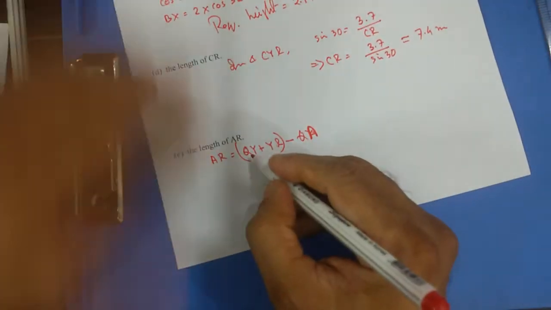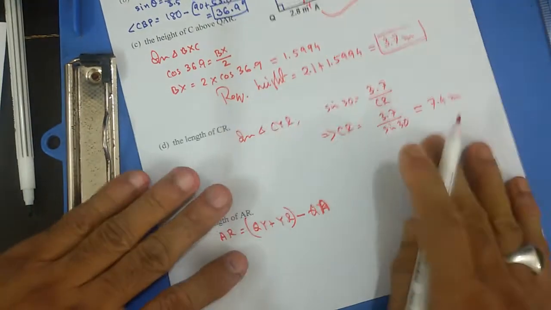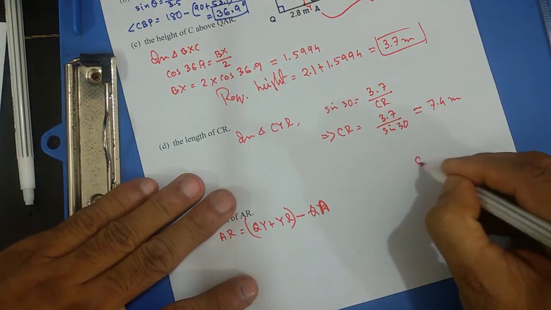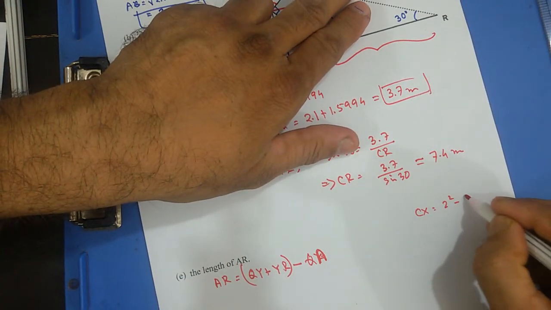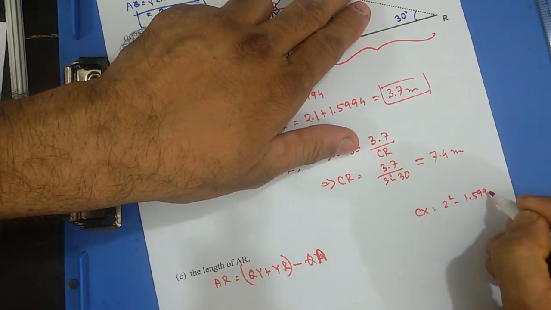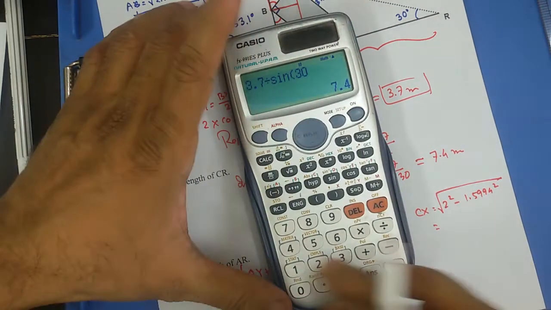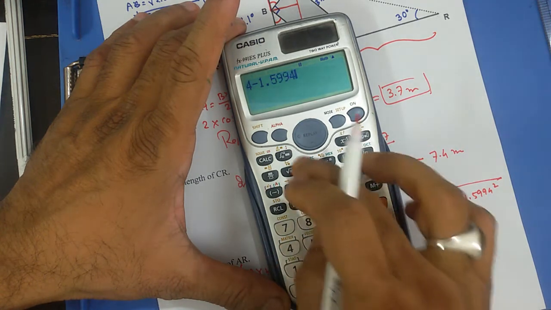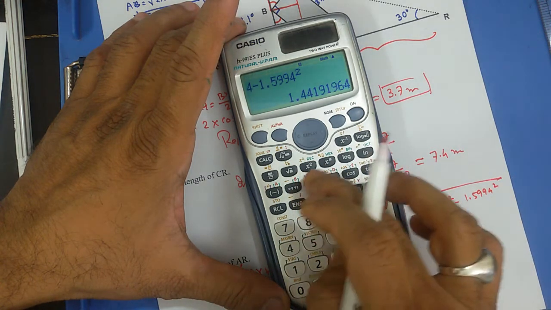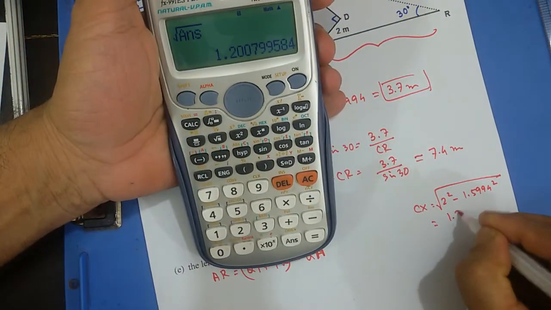So what is QY? QY is my CX, and CX is going to be the square root of 2 squared minus 1.5994 squared. 2 squared is 4 minus 1.5994 squared, and the square root of that is going to give me 1.2.